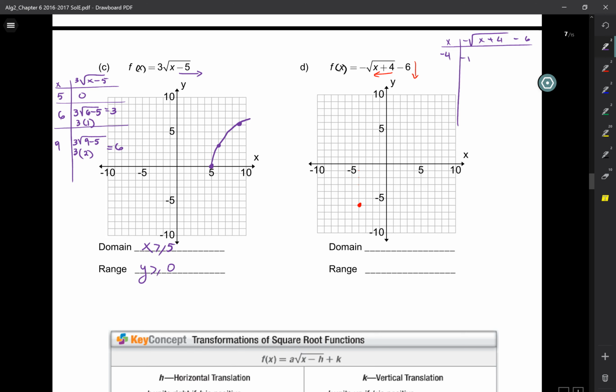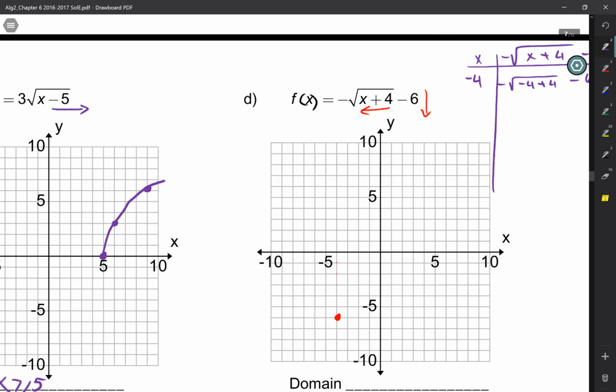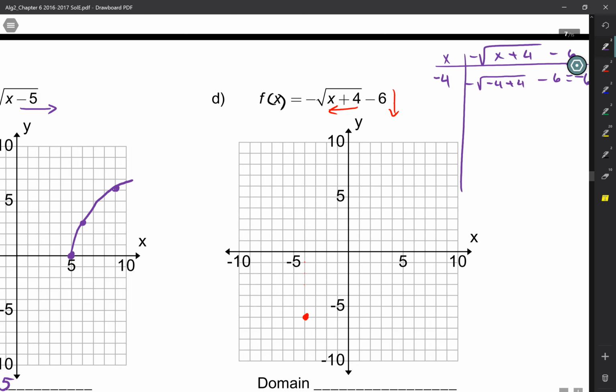So this is the square root of negative 4 plus 4, minus 6. How much is that? 0 minus 6.